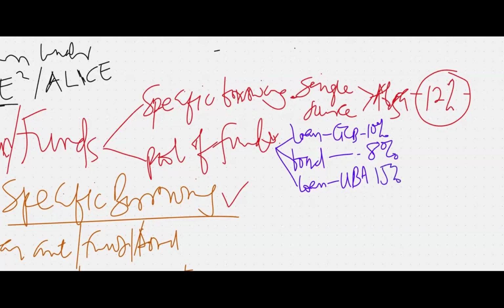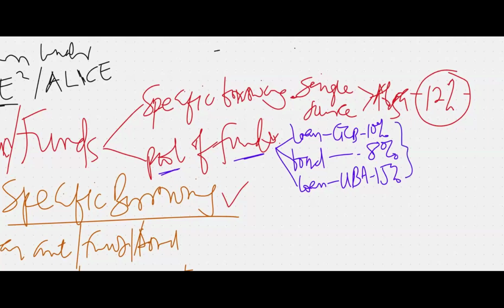So you can see, unlike the specific borrowing, where the business has only one source of financing, that is only one rate, with the pool of funds, look at the name, pool of funds, meaning the funds are in a pool, different sources mixed together. With a pool of funds, we need to find a single cost of capital.